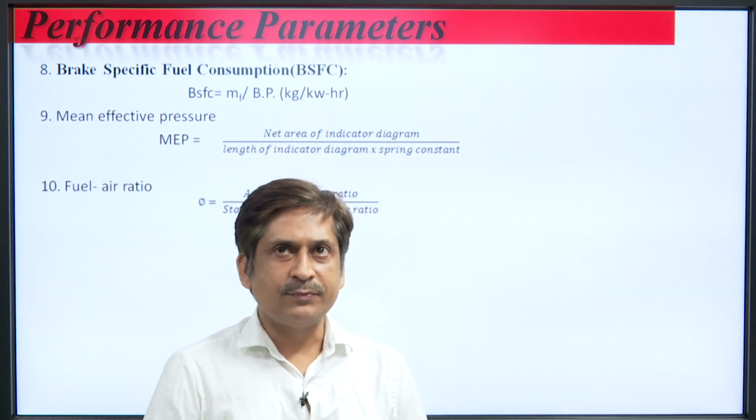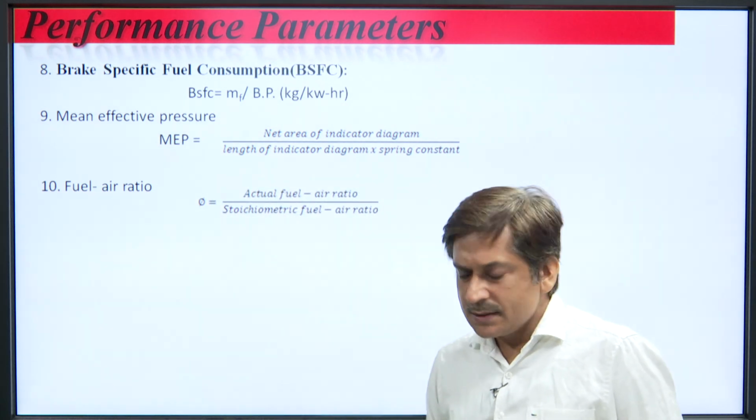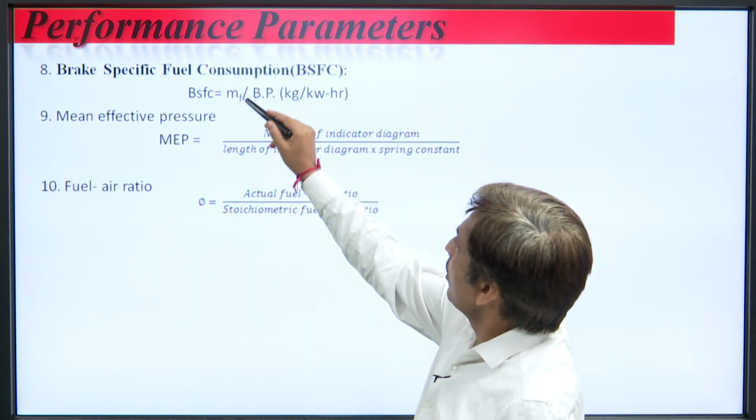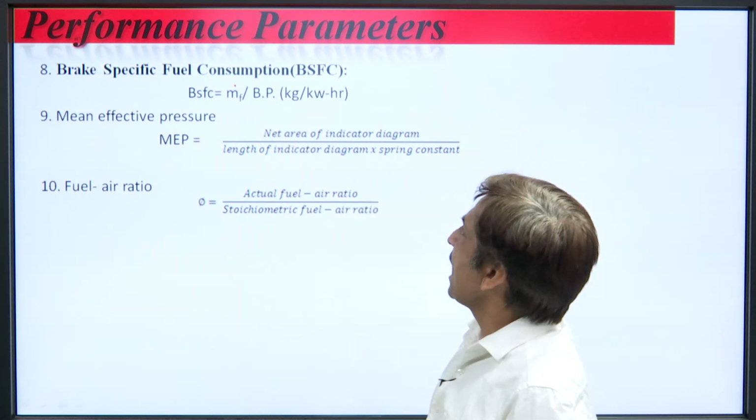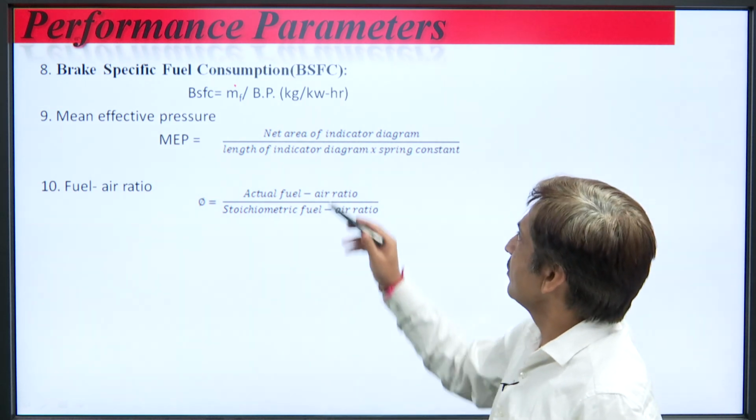Now, brake specific fuel consumption is simple: mass of fuel burned per unit time to impart 1 kilowatt of brake power.